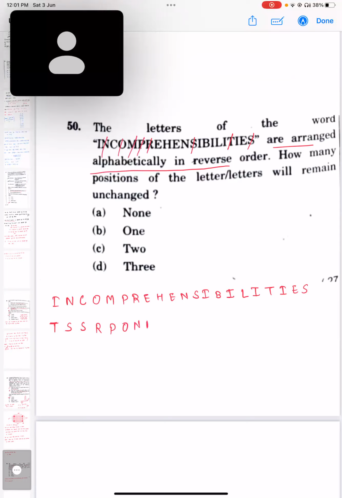Then M. Then L. Then there is no J. Then I: there are 5 I's. Then H, then E, then C, B.